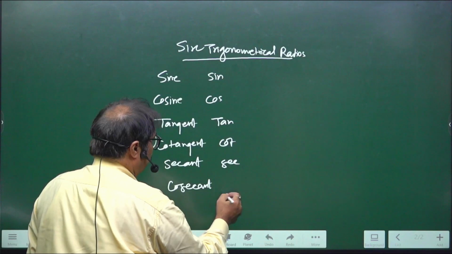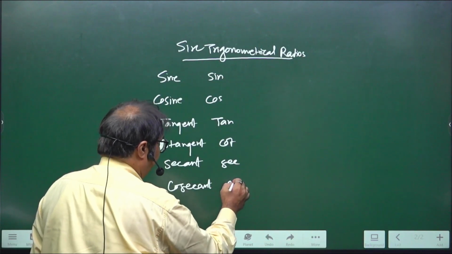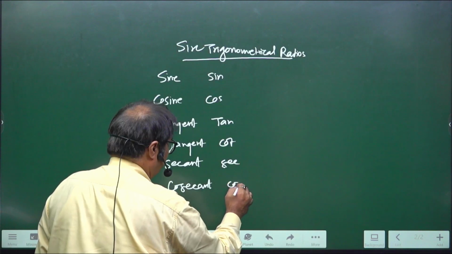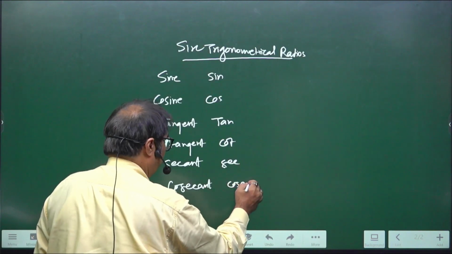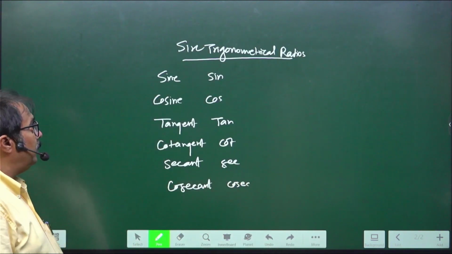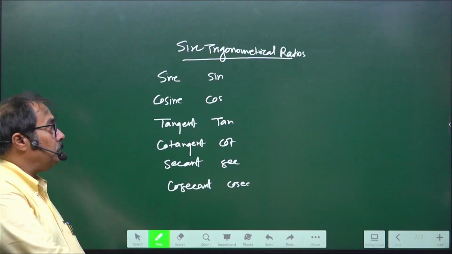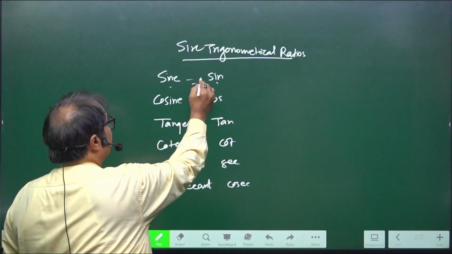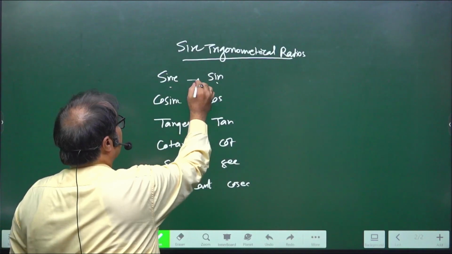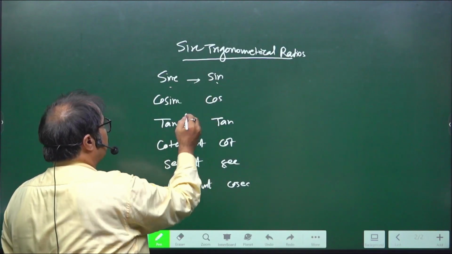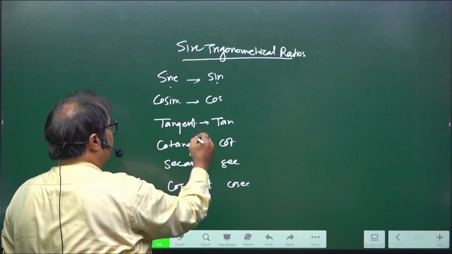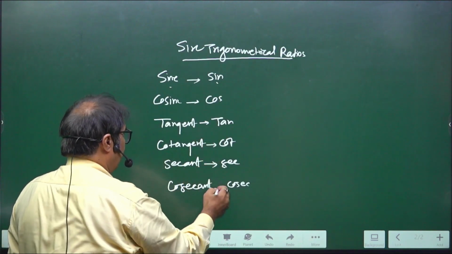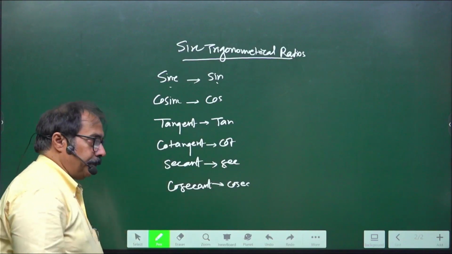So we will take 2 more letters. So in the short we will write cosec, right? This is the short form: sine, cosine, cos, tan, tangent, tan, cotangent, cot, secant, sec, and cosecant, cosec.